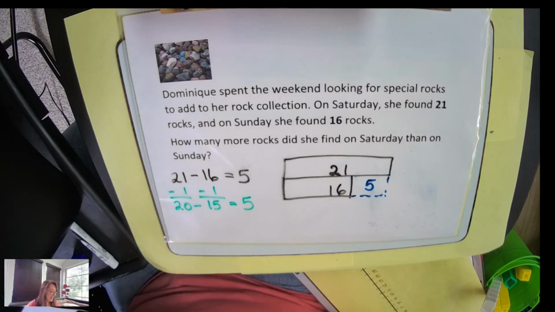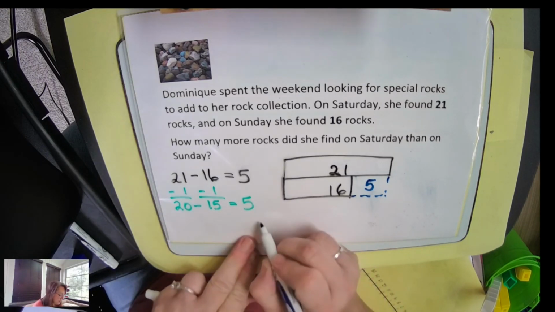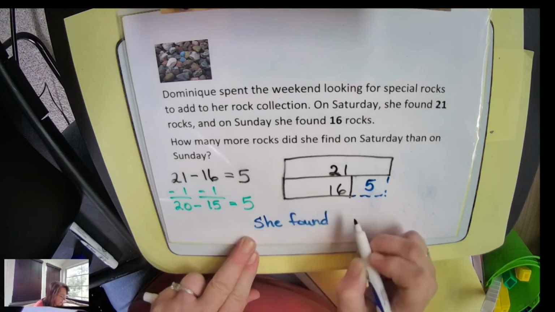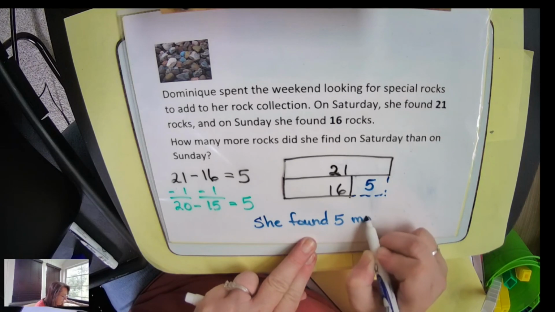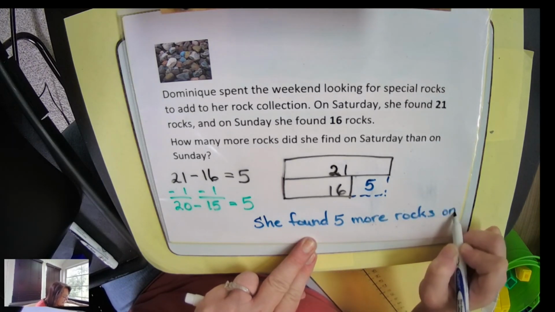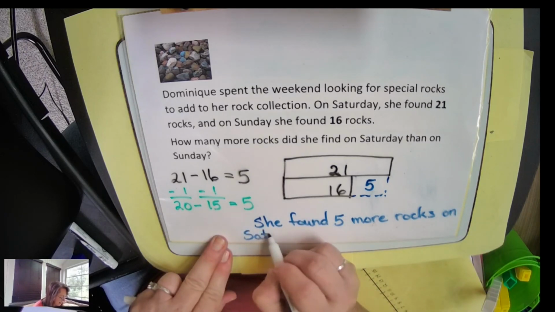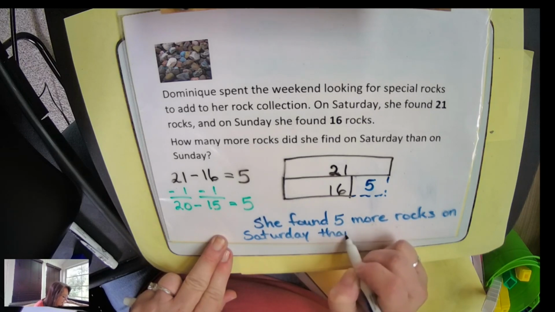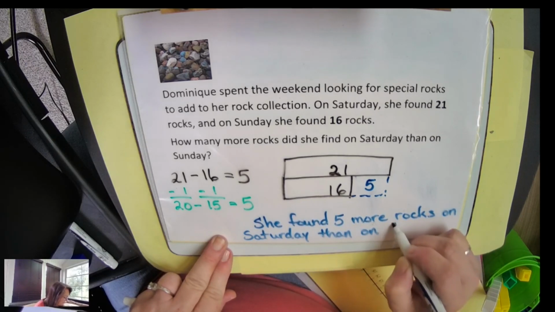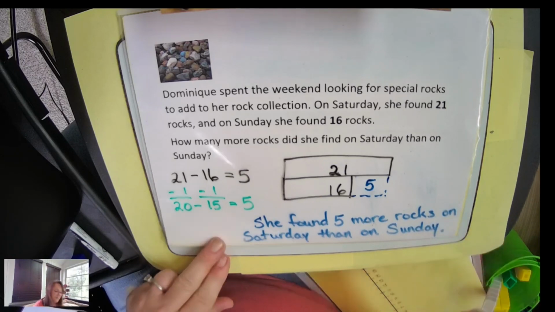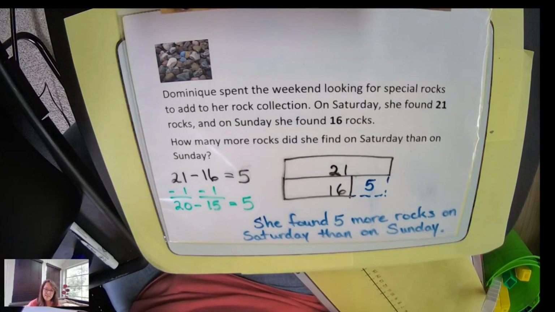Very good. So the answer to this problem then is she found 5 more rocks on Saturday than on Sunday. Very good.